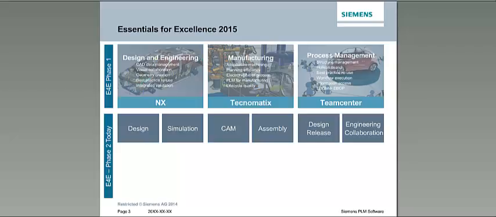So what we did for E4E phase 2, as of today, is split all of these domains into 2. For design and engineering, we now have 2 domains: design and simulation. For manufacturing, we have CAM and assembly. For process management, we have design release and engineering collaboration.